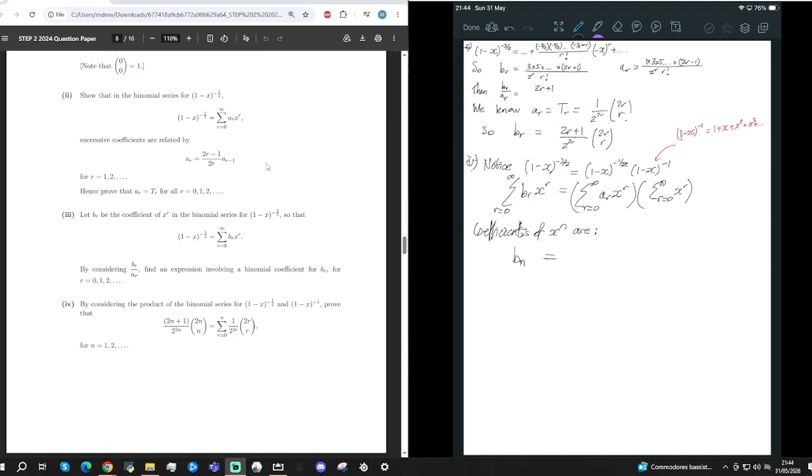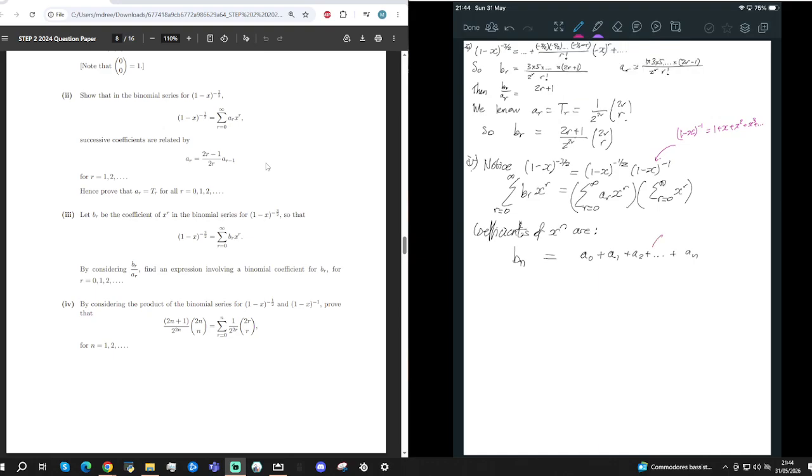If we want x to the n, then we can choose no x's from the first bracket and n from the second. So we can have a0 times the x to the n coefficient of the other bracket, which is just 1. Or we could have the coefficient of x in the first bracket with the coefficient of x to the n minus 1. Or we can have the next one, all the way up.